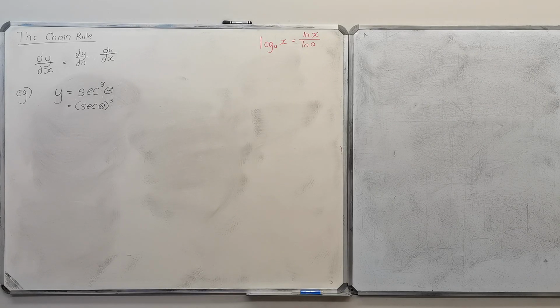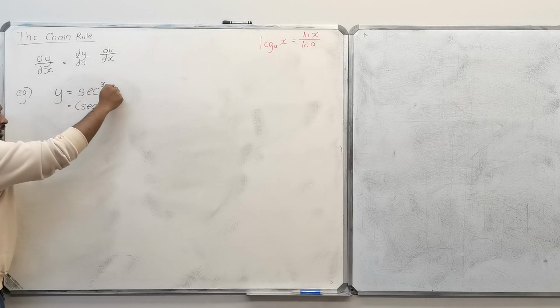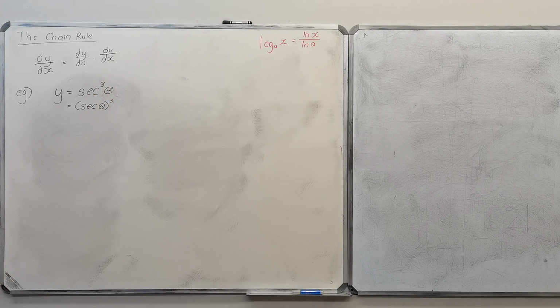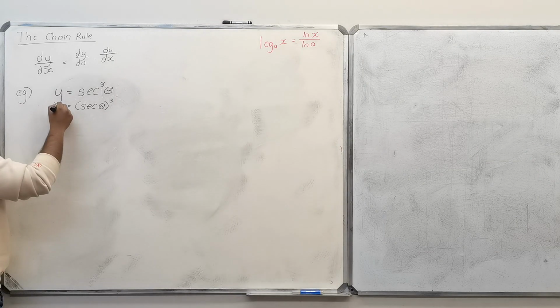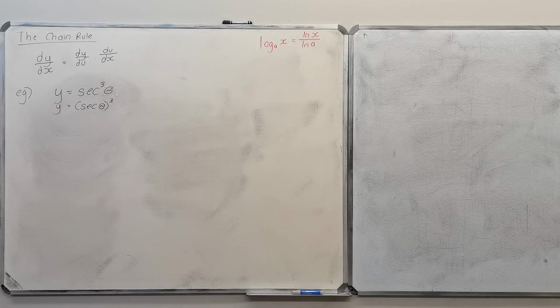Sec is nothing if it doesn't have an angle, so it's sec of that angle. If this 3 was here and there was a bracket around it, that would be the angle cubed. So the function of a function part is that one function is sec of the angle, and the other function is that bracket cubed.